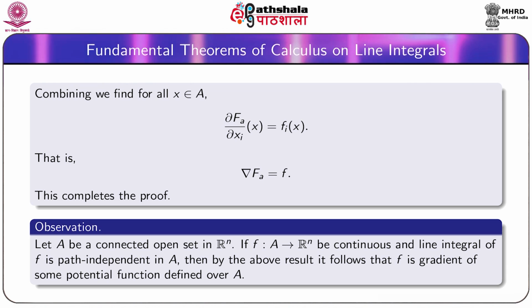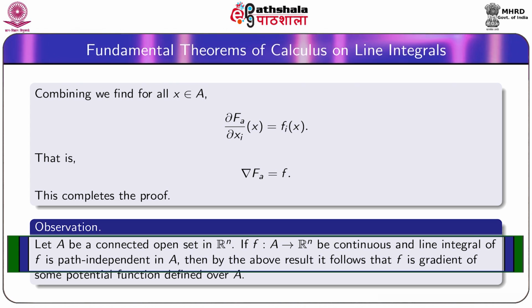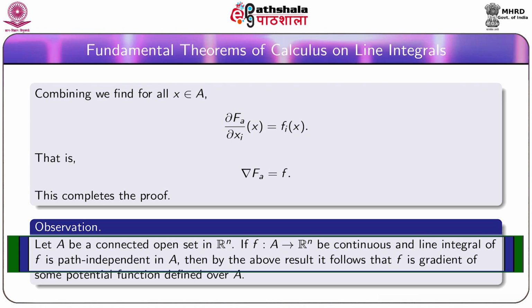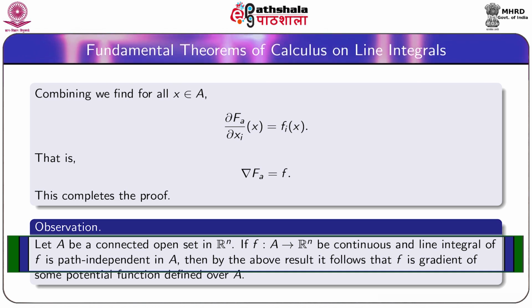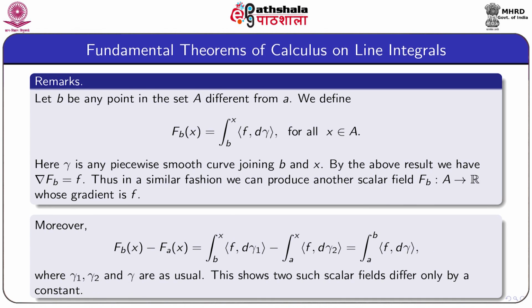One observation here: let A be a connected open set in R^n. If f from A to R^n is continuous and the line integral of f is path independent in A, then by the above result it follows that f is the gradient of some potential function defined over A. One remarks at this point, let b be any point in the set A different from a.